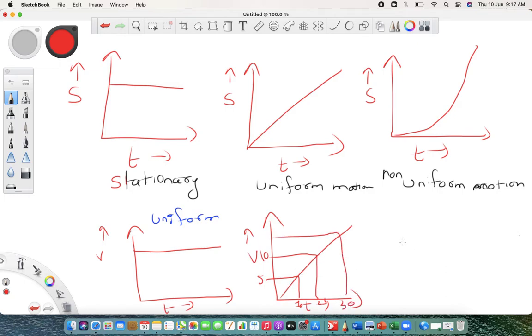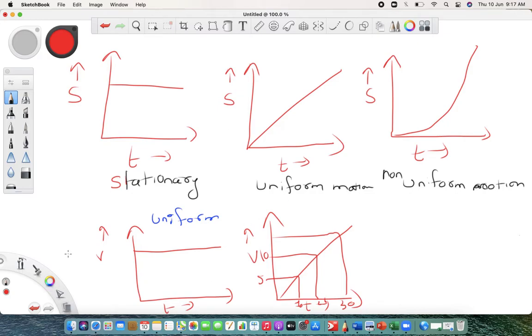So as you see, the speed is increasing, but the speed is not increasing randomly. It is increasing with an equal interval of time. So definitely it is accelerating. Why do I say it is accelerating? Because it is increasing. Acceleration means it is increasing, and retarded means it is decreasing. So here it is accelerating.